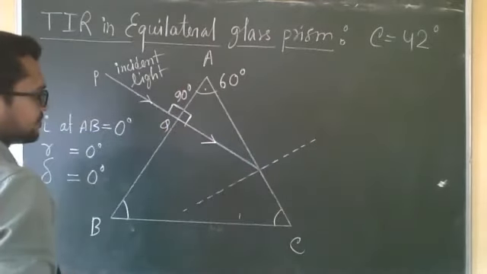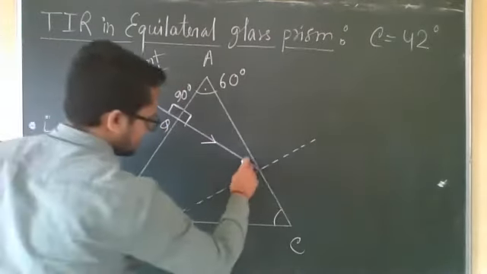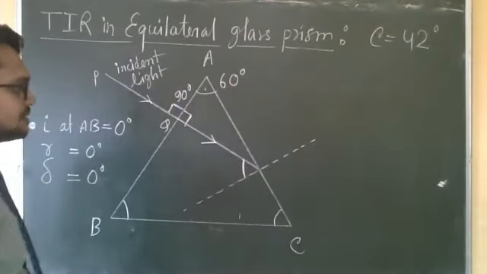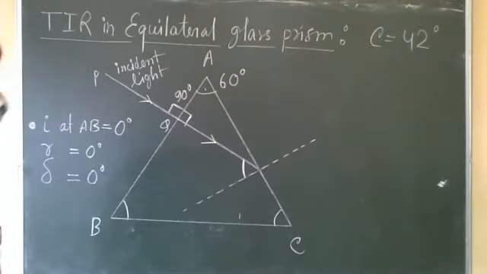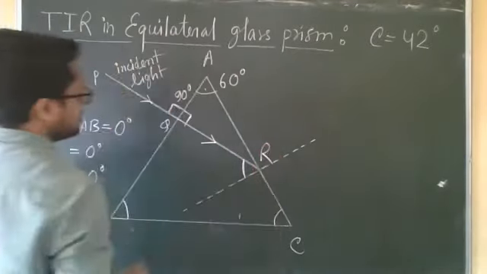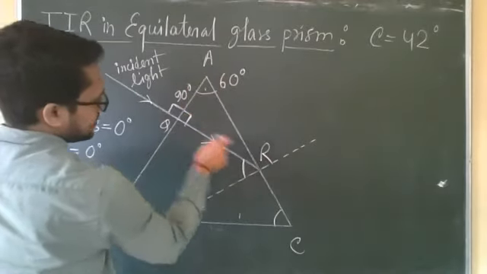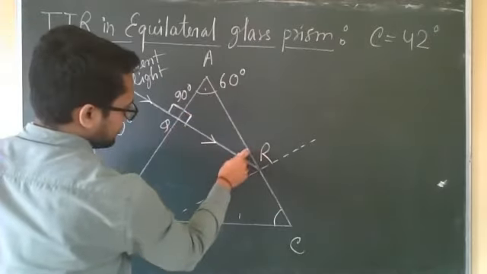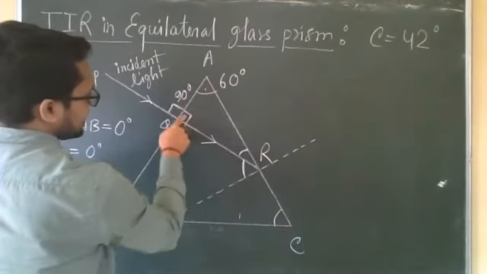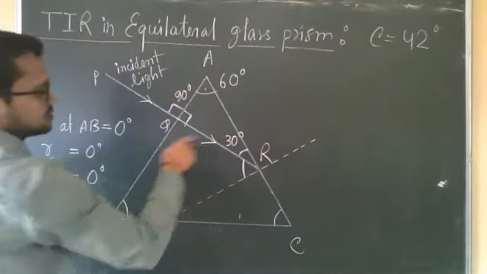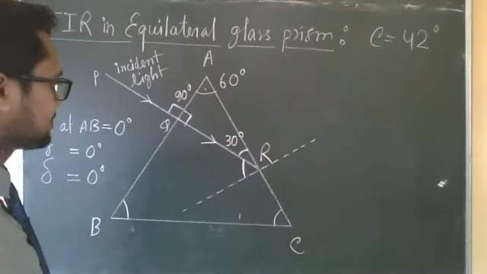Now this is the angle of incidence, and you have to find it. Give the name: this is R. Take triangle AQR. This is 60, this is 90. What about this angle? 30 degrees, because the sum of the three angles should be 180 degrees.